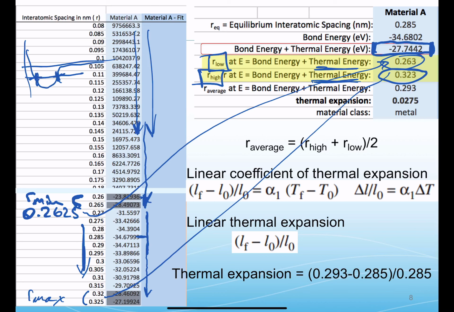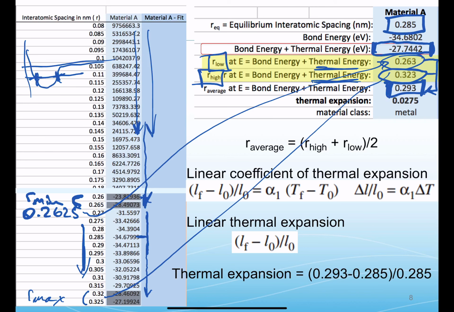Okay, with those two in place, we can simply take the average and calculate the average R value. So we now have the R value at a higher temperature condition represented by roughly 20% more thermal energy in the material than the depth of our well. And this average R value better be larger than the R equilibrium that we've estimated from the minimum.